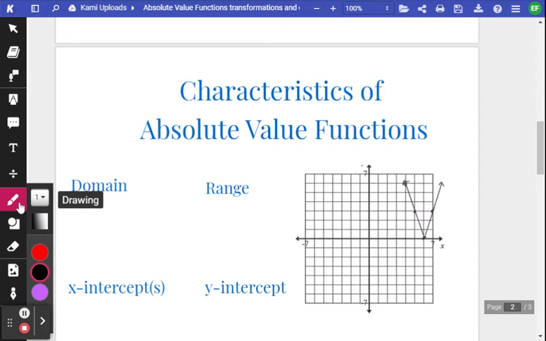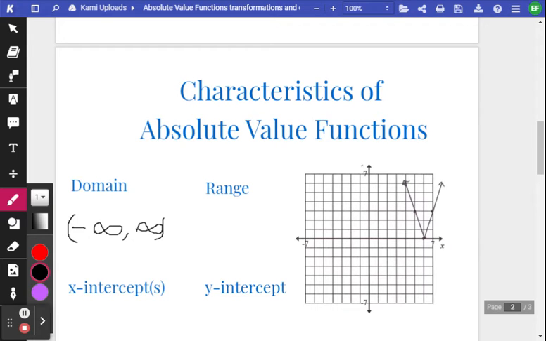The domain for all functions right now is everything, -infinity to +infinity, because there's literally no number that we can plug in that will not give us an answer. So -infinity to +infinity would be our domain here.